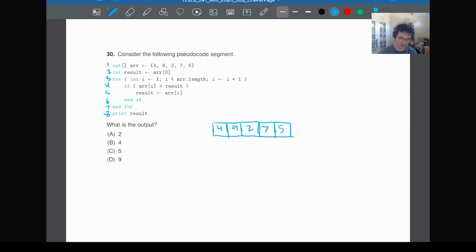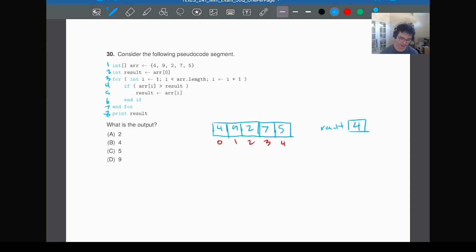And then we put into result what is at index 0. So it helps you remember your indexes. Let's write them down. And we put into result what's at index 0, which is 4.